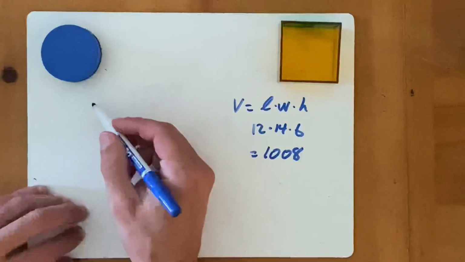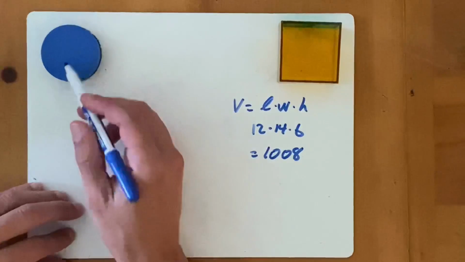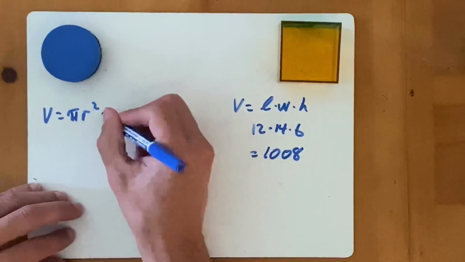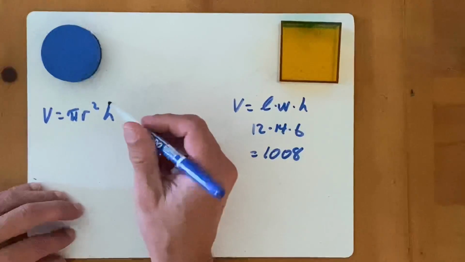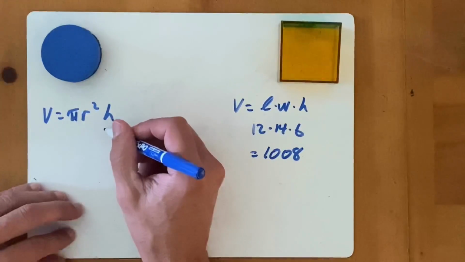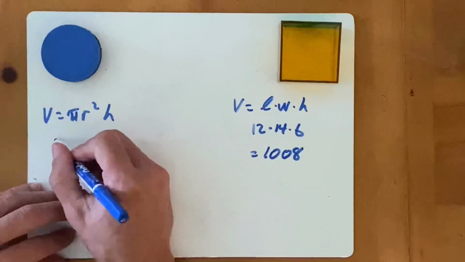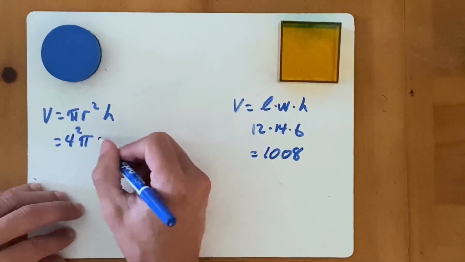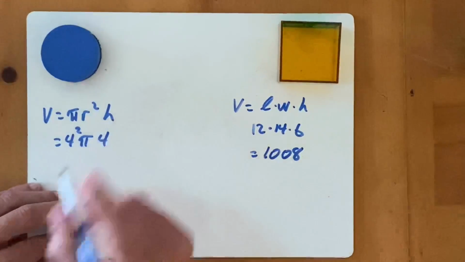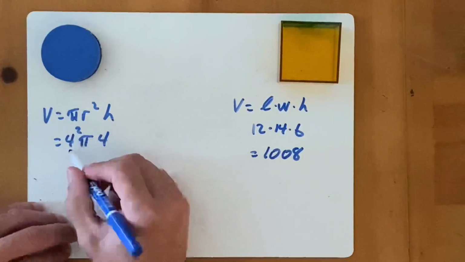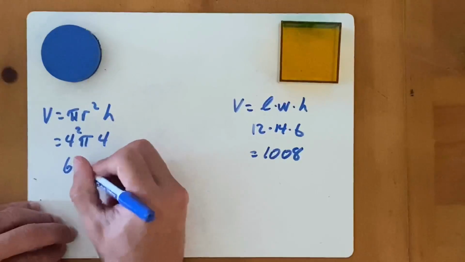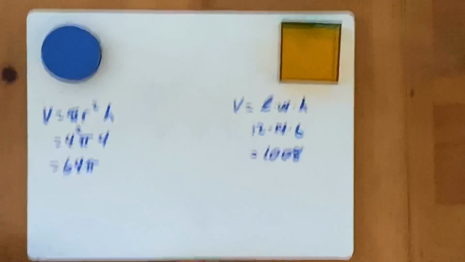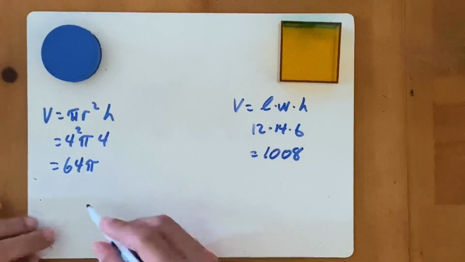Now I need to do my cylinder. It gives us the radius of the base, so volume is pi r squared times the height of the cylinder. It tells us the height is equal to 4 and the radius is also equal to 4. So I'm going to do 4 squared for the radius times pi times 4 for the height. That is 16, and then times 4 is 64. So the volume of that cylinder is equal to 64 pi. Now I just need to add those together.